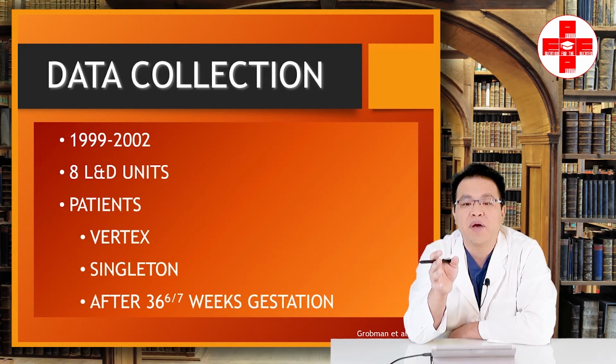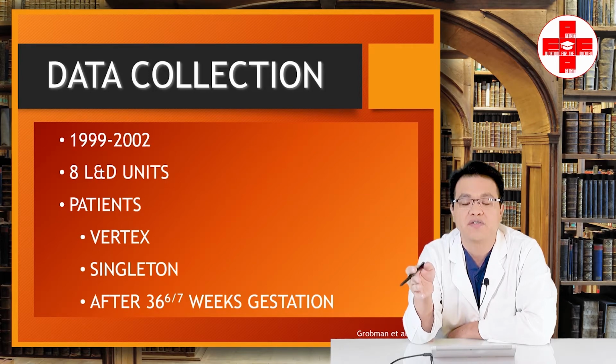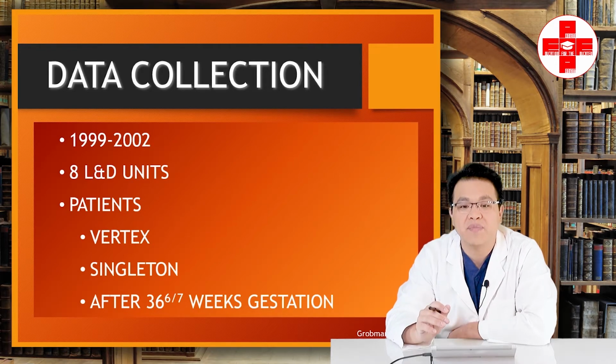So despite being published in 2007, they based their data on deliveries from 1999 to 2002. You can see from our video introducing the concept of vaginal birth after cesarean section that 1999 through 2002 was a relatively high period of vaginal births after C-section that may influence the validity of this calculator.